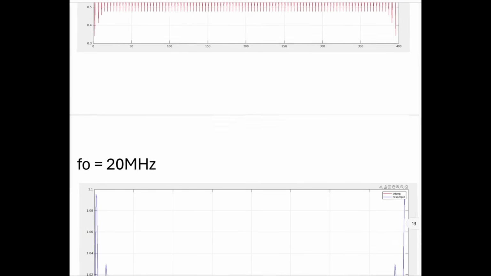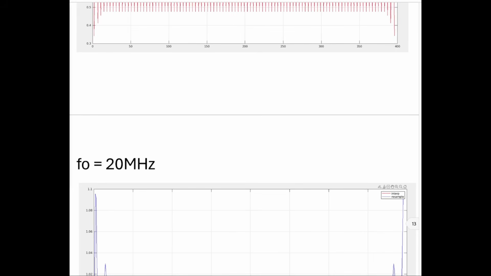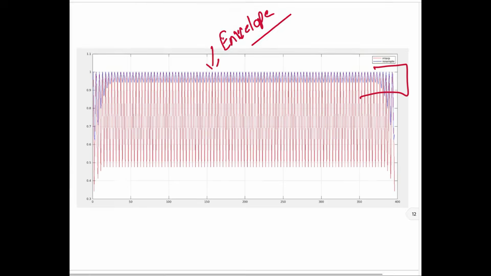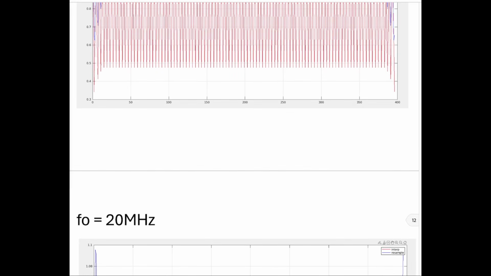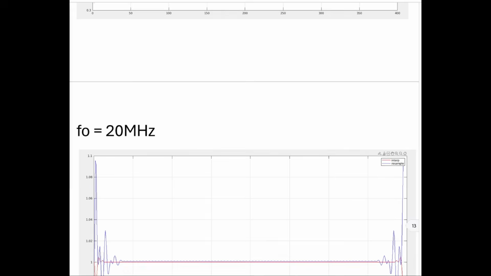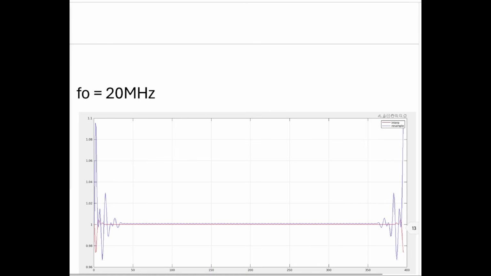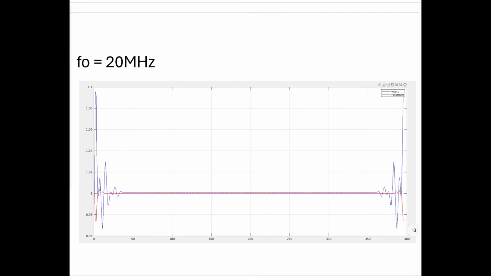In the beginning, I specifically chose the signal frequency of 70 megahertz. What if I choose a lower value? In this case I have used a 20 megahertz signal, with the same sampling frequency of 160 megahertz, and the performance of both filters, interp and resample, is almost the same.